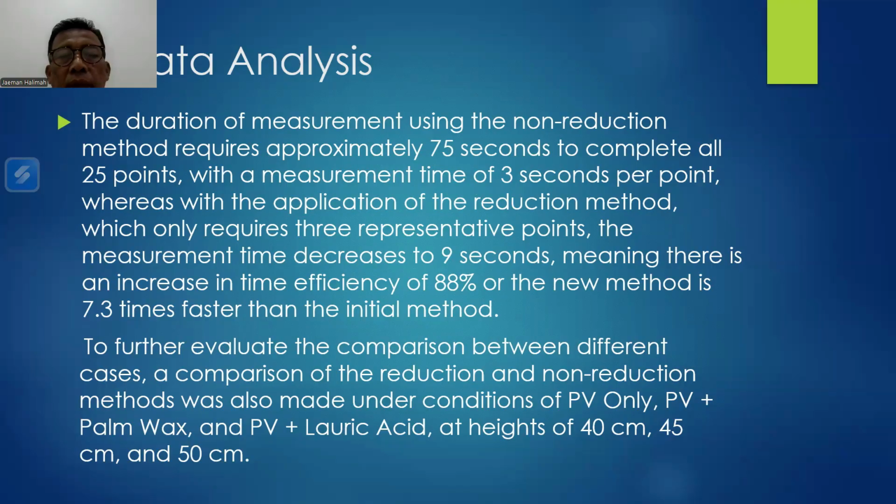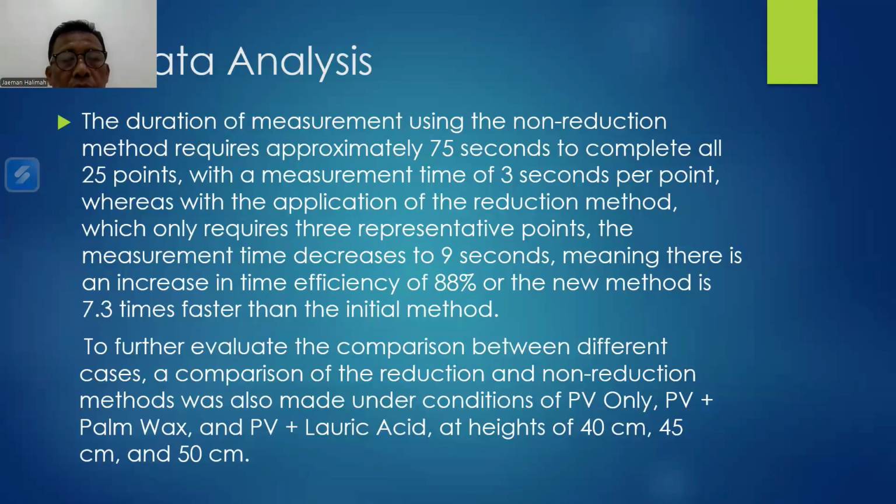Whereas with the reduction method, which only requires 3 representative points, the measurement time decreases to 9 seconds, meaning there is an increase in time efficiency of 88%, or the new method is 7.3 times faster than the initial method.